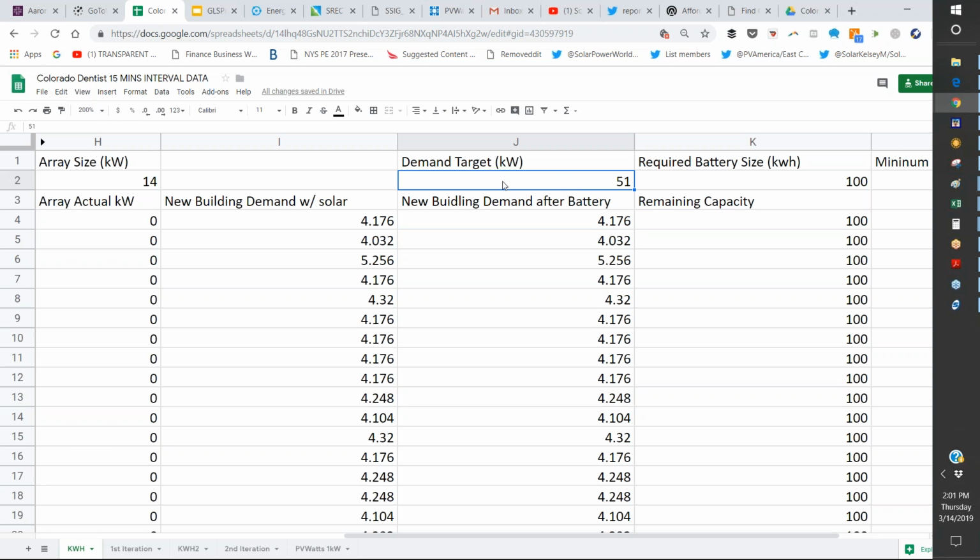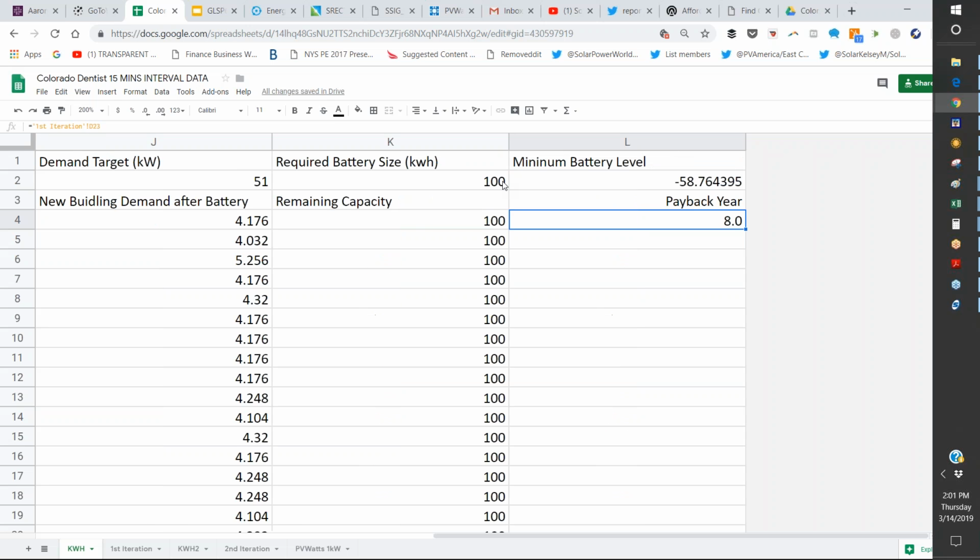So now we're running our battery, but this is assuming that our battery right now has an infinite size, and obviously our battery doesn't have an infinite size. So the next column we need is a battery bank size. And this is yet another guess. We don't know what it's going to be so far.